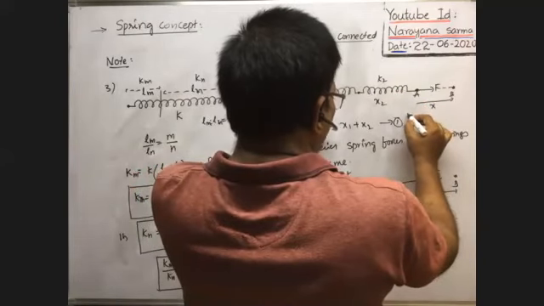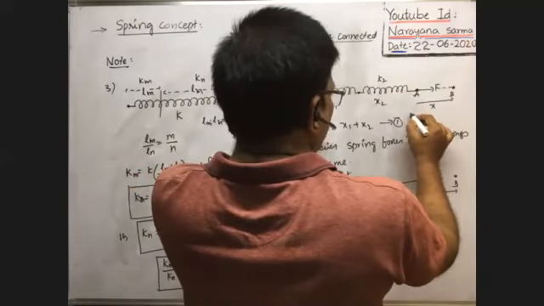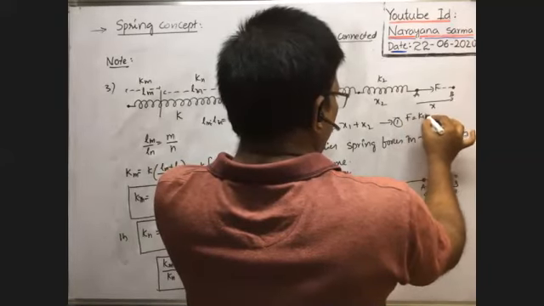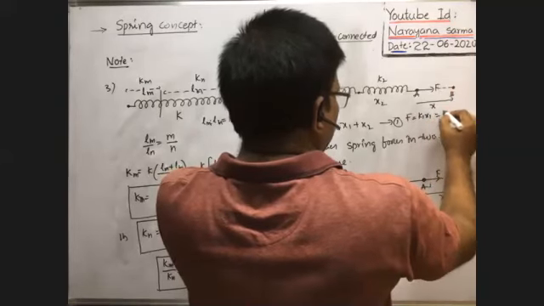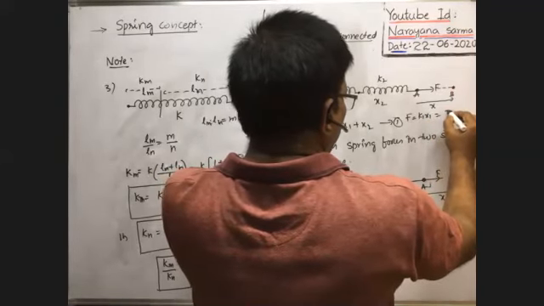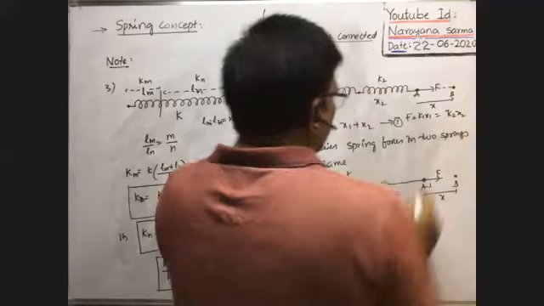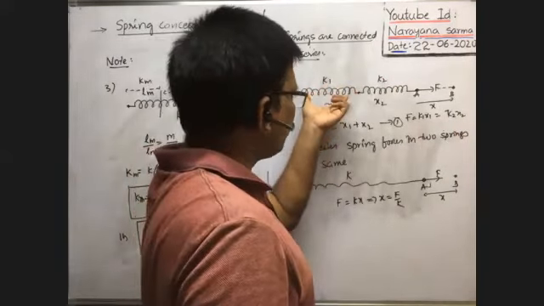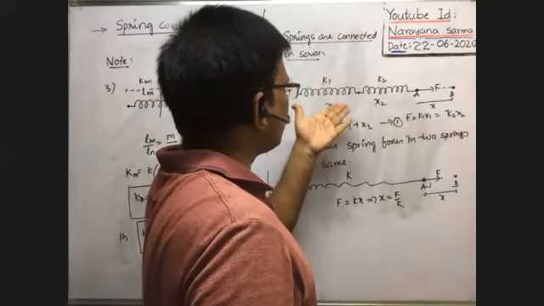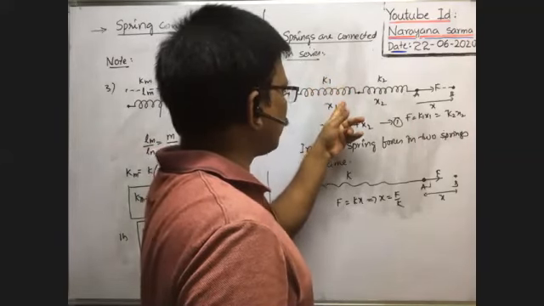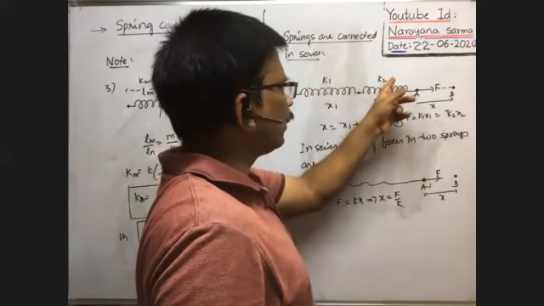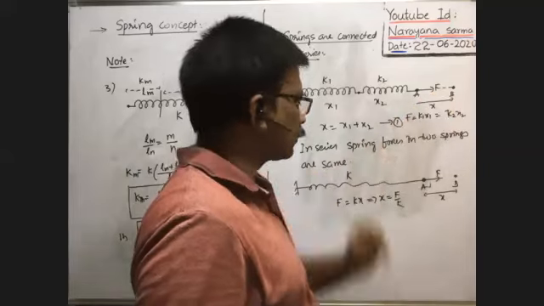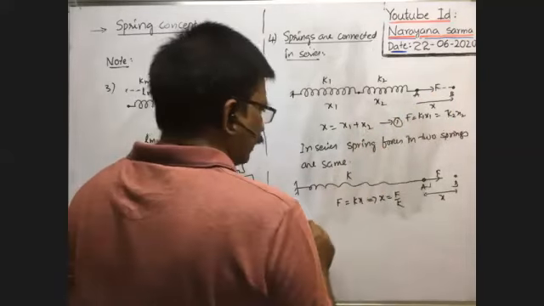That's why the spring force developed in the first spring is F is equal to K1 into X1, and for the second, F is equal to K2 into X2. Both are equal, and that is equal to the external force.